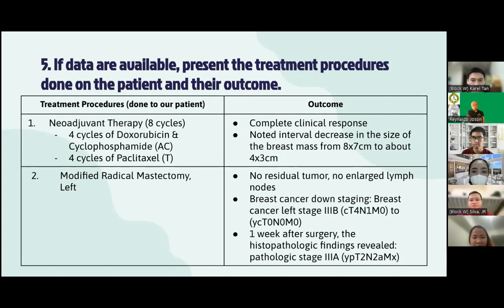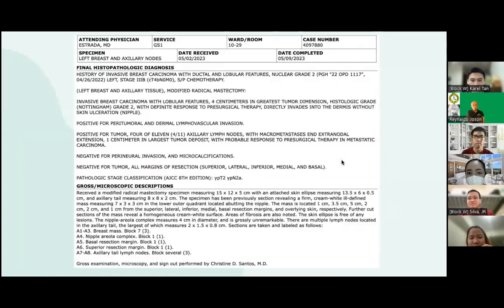However, 1 week after the surgery, the histopathologic findings revealed pathologic stage 3A showing pathologic T2 and 2AMX po. Next slide, please. So this is the histopathologic findings of our patient po. Next slide.